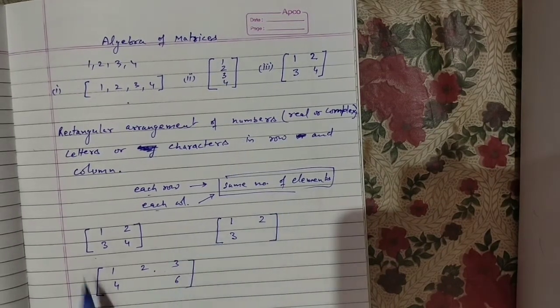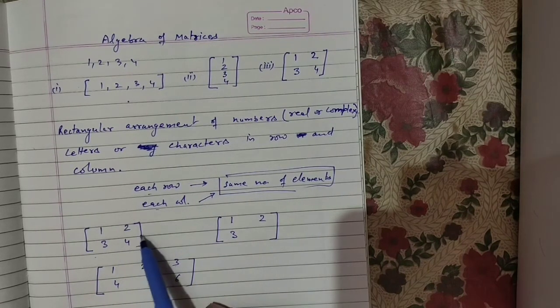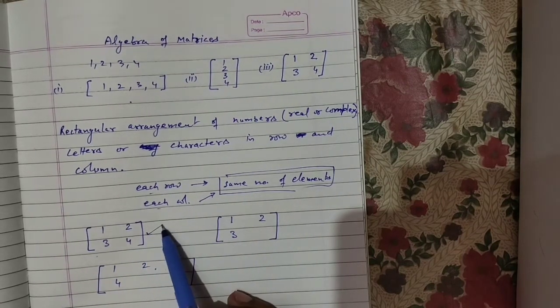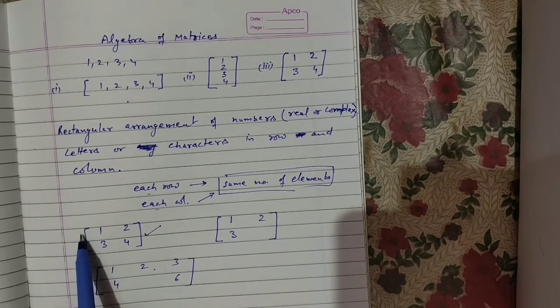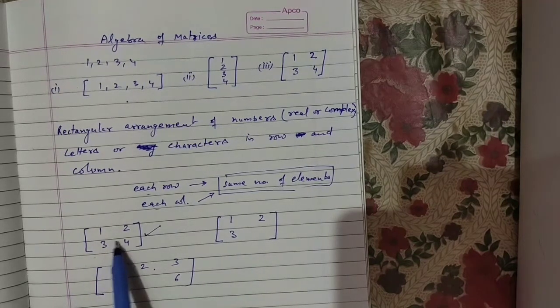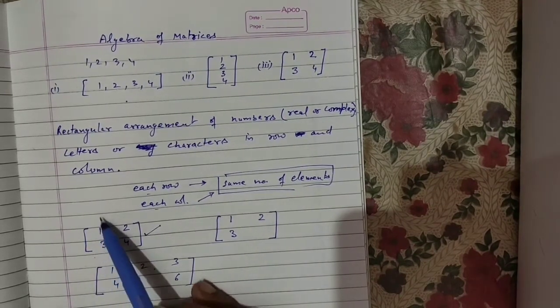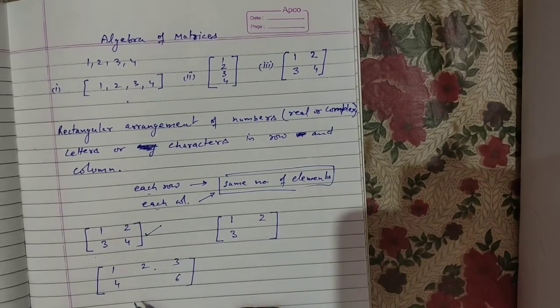I take some examples. Does this representation represent a matrix? Yes, it represents a matrix, because in this representation there are two rows and two columns. The first row has two elements, the second row has two elements, the first column has two elements, the second column has two elements, so it is a matrix.